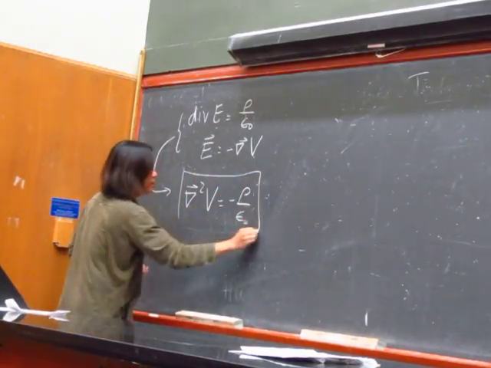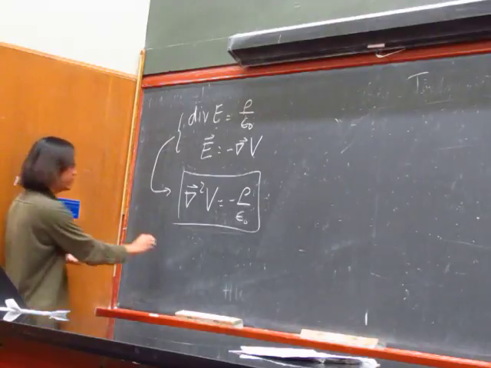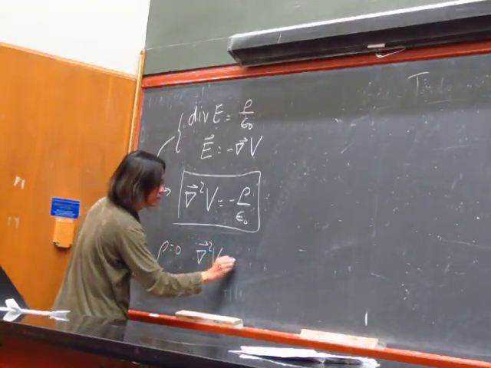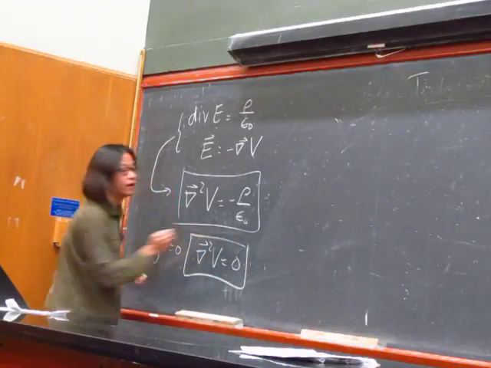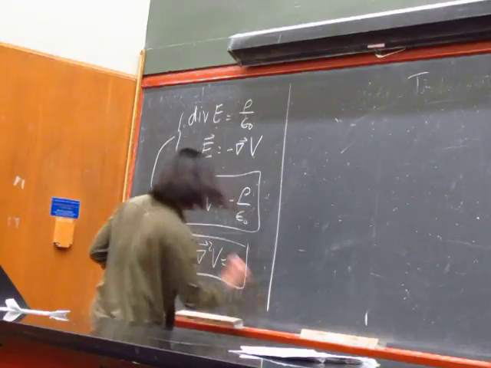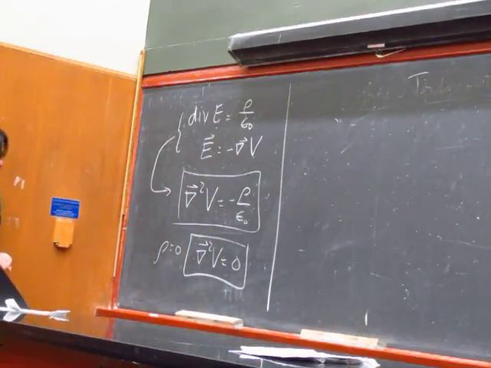And in particular, if rho is 0, then we have this equation that we solve. So just remember this for now also.